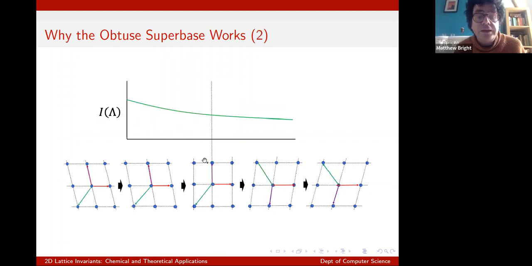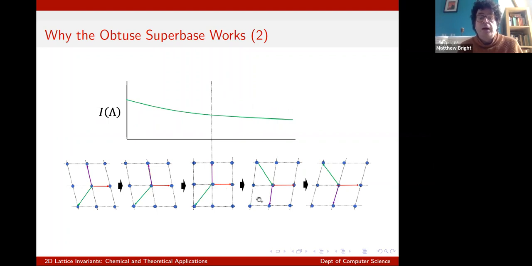But if you add this extra vector, as you pass through this, where the superbase changes, it stabilizes what the vectors look like.